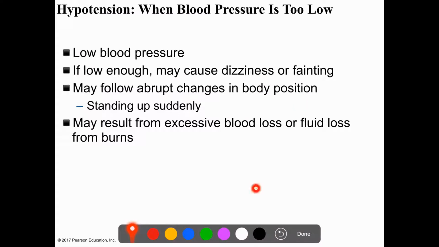It might follow abrupt changes in body position, like a sudden move, jump or sudden standing, and may result from excessive blood loss or fluid loss, for example, from burns. Hypotension is also a significant disease, although it's not as common as hypertension.